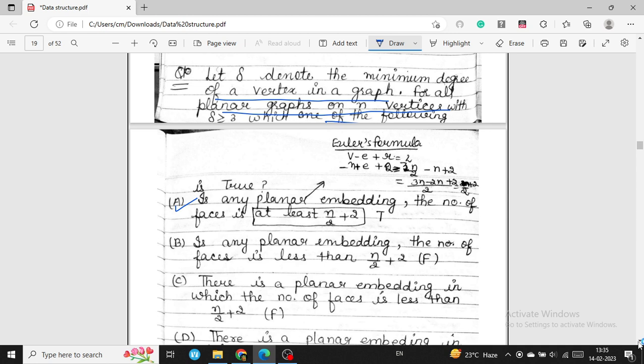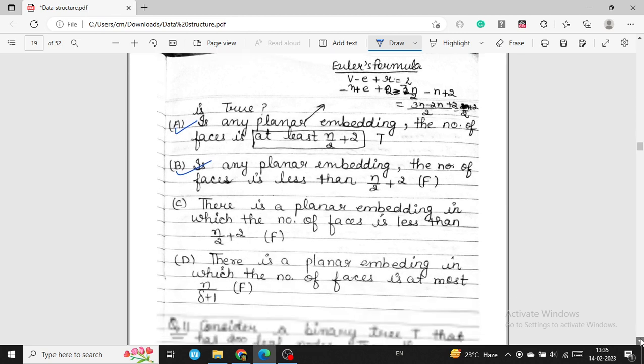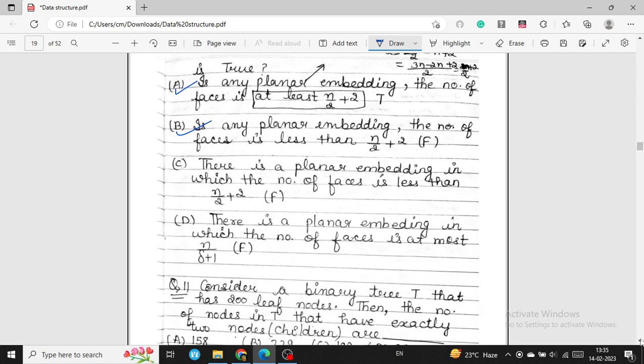The second is: in any planar embedding the number of faces is less than n by 2 plus 2. There is a planar embedding in which the number of faces is less than n over 2 plus 2. There is a planar embedding in which the number of faces is at most n over delta plus 1.